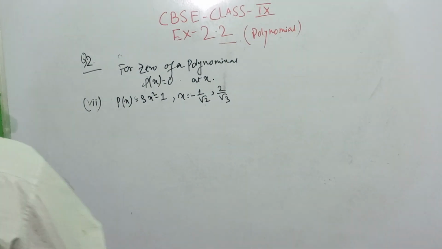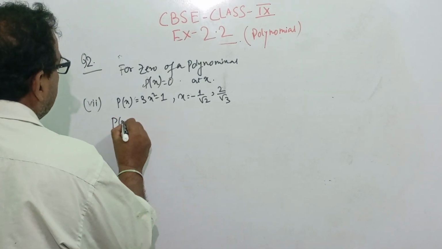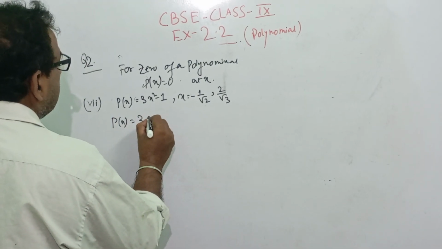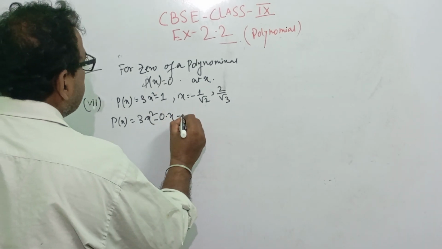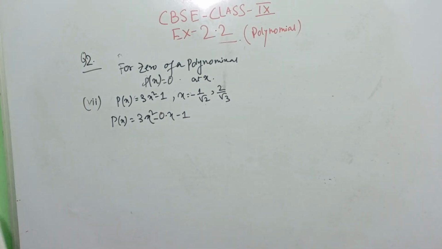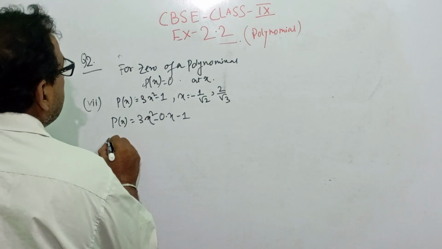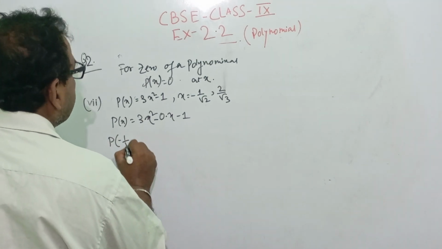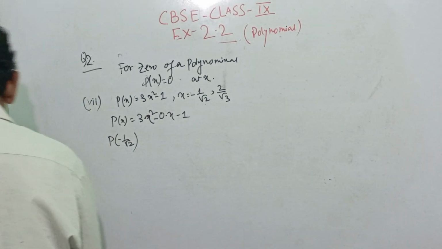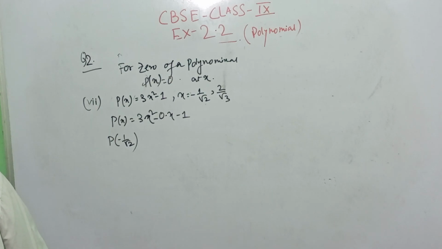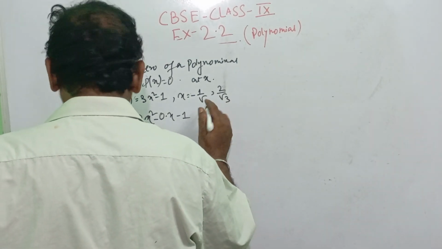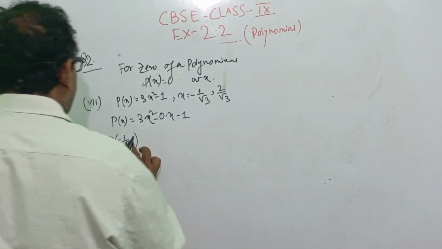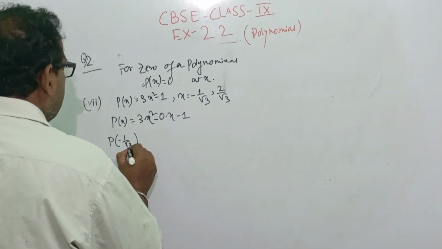What will we do? p(x) is equal to 3x square minus 0 into x minus 1, standard form. Now when x is equal to minus 1 by root 3, they have given 1 by root 3.